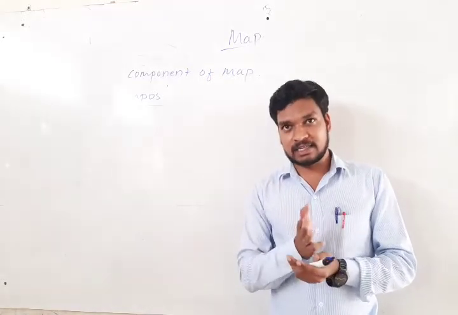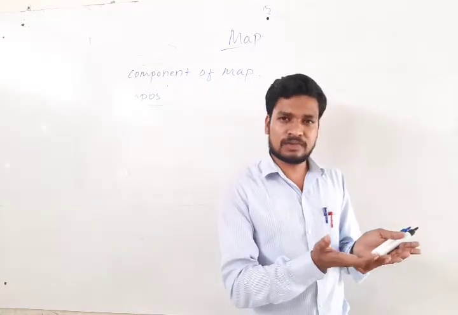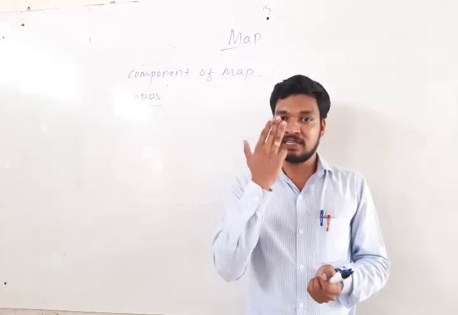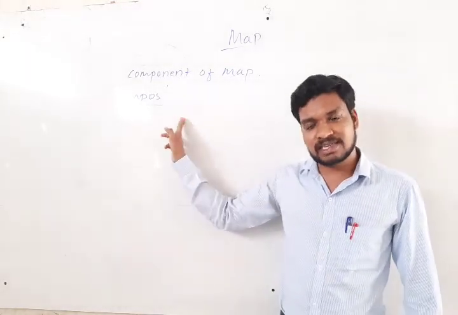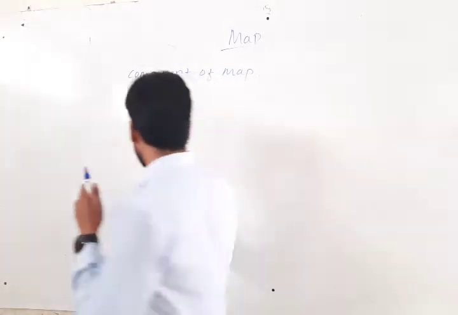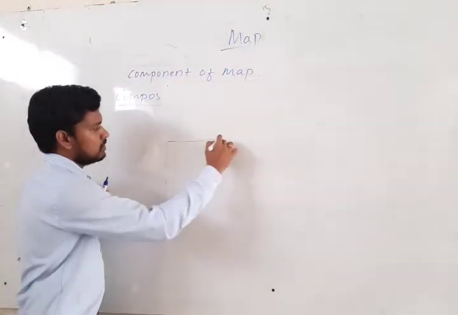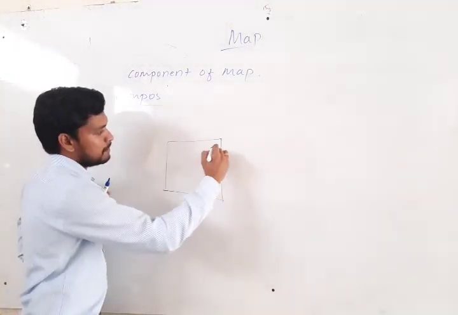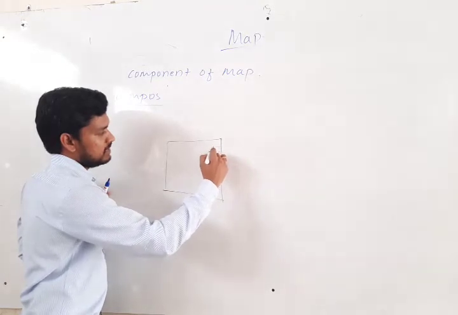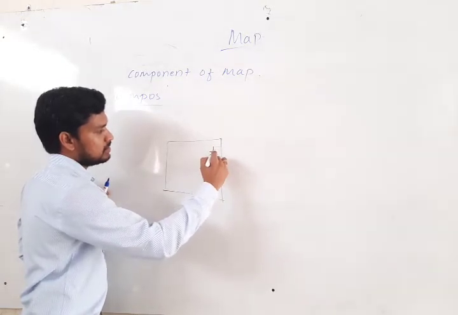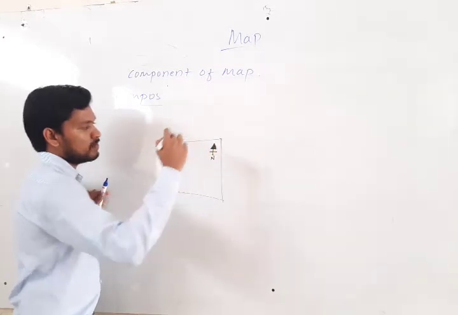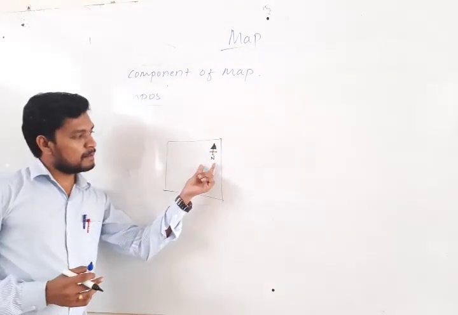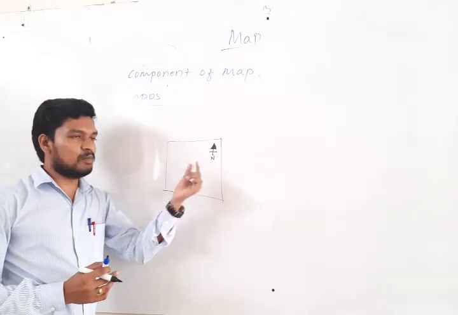That magnet turns towards north wherever you turn, so it always shows north. This compass is also mentioned in the map. In the top right corner you will have a compass. In every map, in any design, the compass will be shown.